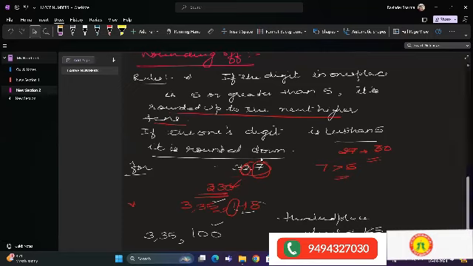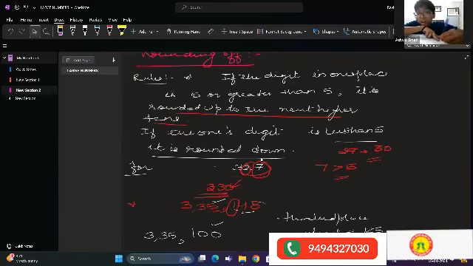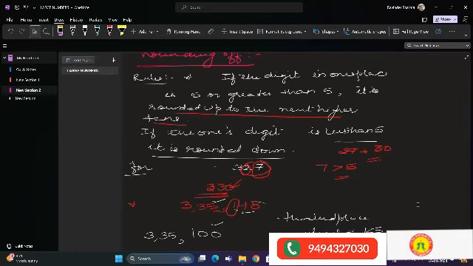Okay, ma'am. Ma'am, should we keep the heading as rounding off? Yes, beta.